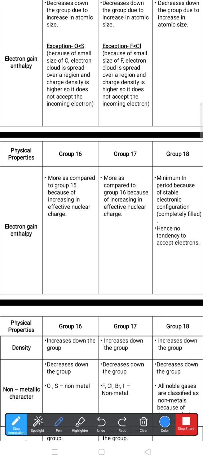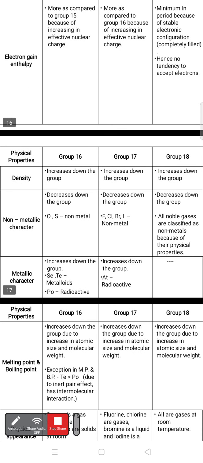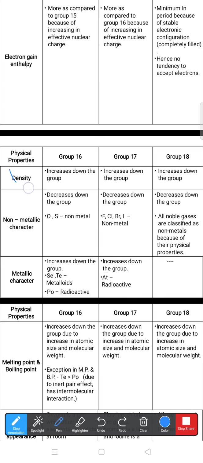Then we can speak about the density. Density of group 16 elements increases down the group, and in case of group 17 it increases down the group. In case of group 18 it also increases down the group. Later on, non-metallic character: it decreases down the group.